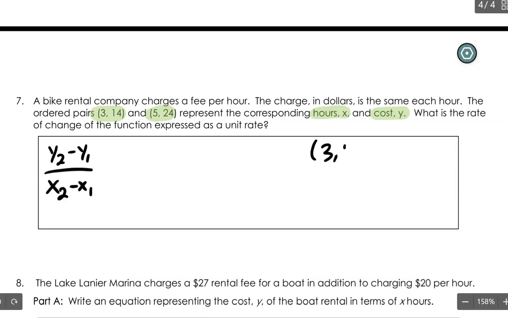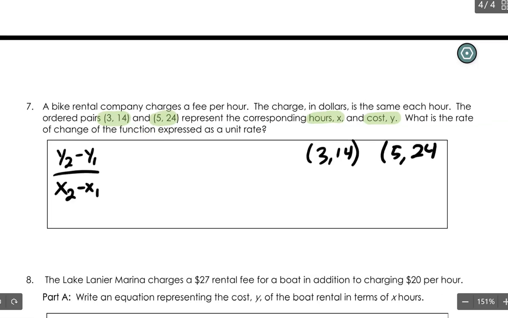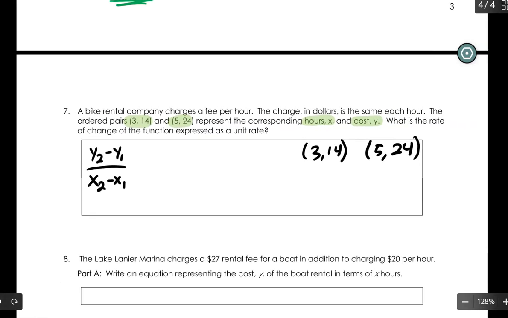Here I have (3, 14) and (5, 24). Let's label x, y, x, y. The first point is the 1s, the second point is the 2s.